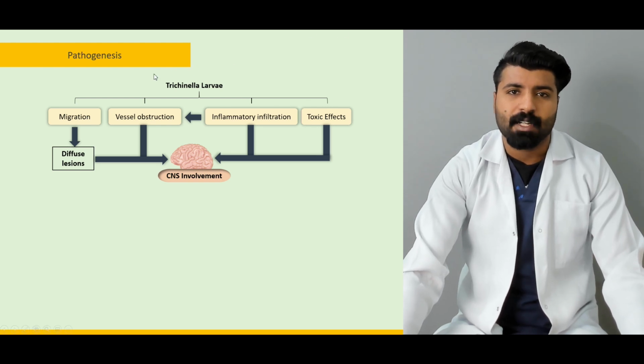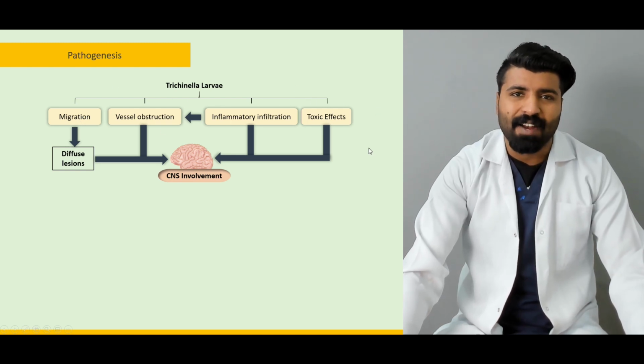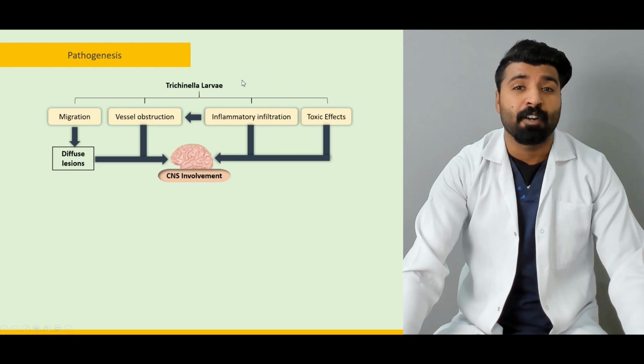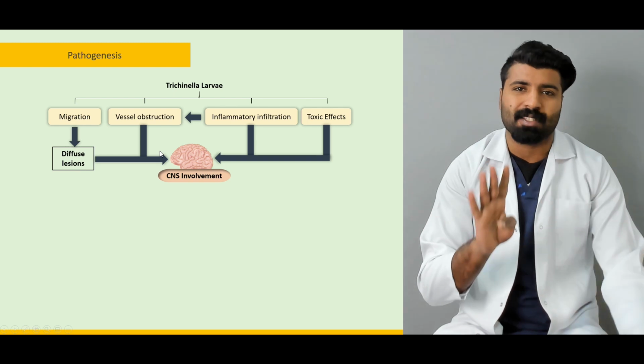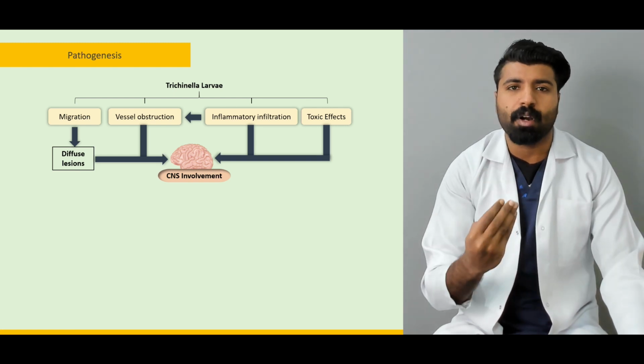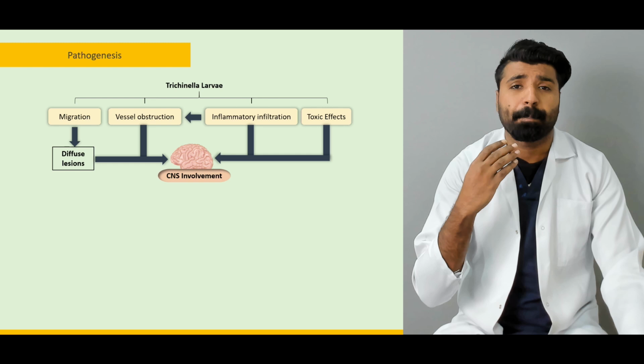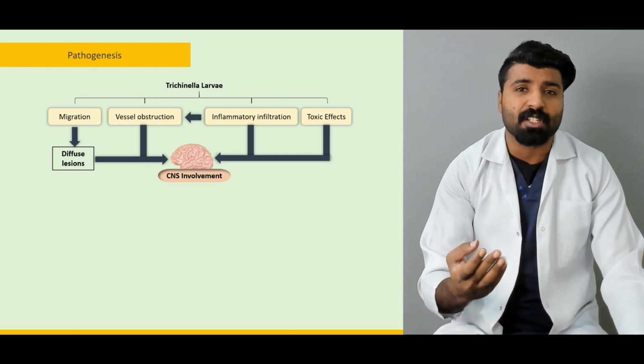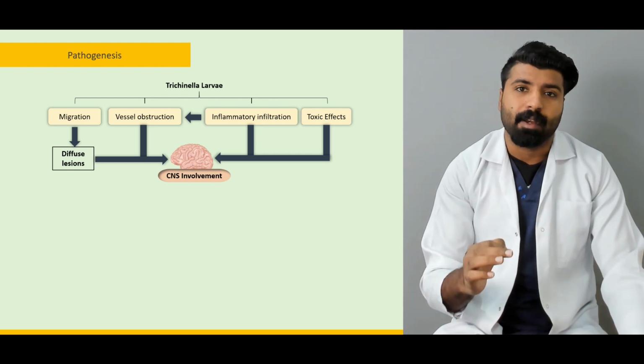So these larvae can get to our CNS through 4 major processes. It has its own toxic effects. It has its inflammatory infiltrations. It can cause vessel obstruction and cause ischemia. It can migrate and cause diffuse lesions and affect the CNS. So through these 4 pathogenic or pathological features, it can affect your brain.